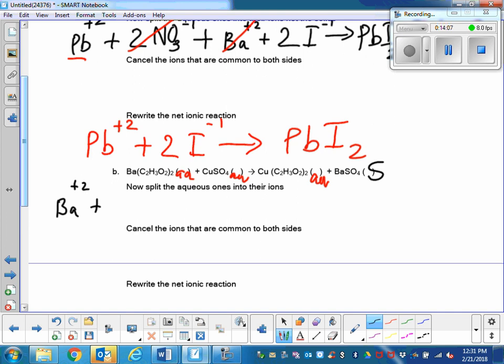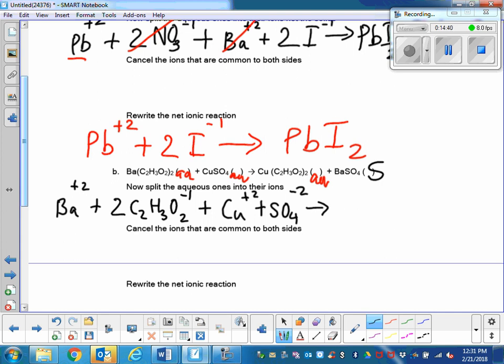So I'm going to write 2 C2H3O2 minus 1 plus, what is the charge on sulfate, guys? Sulfate is a negative 2. So what will it be on copper? Plus 2. So copper is a plus 2 plus sulfate is a negative 2. It breaks apart.